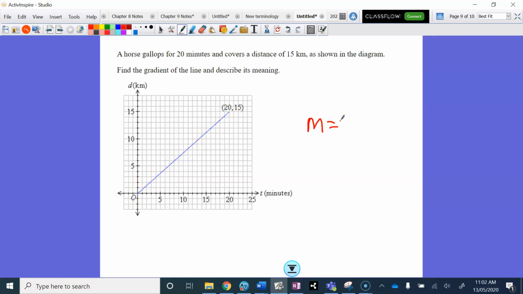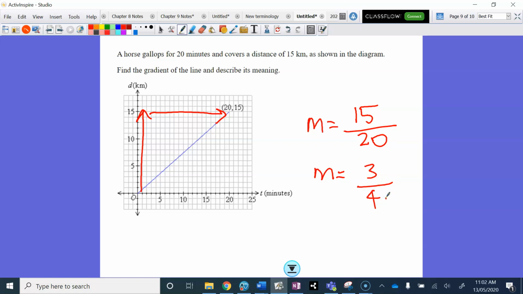If we're talking about rise and run, rise is 15, run is 20, and you could simplify that fraction. 5 goes into both of those numbers, 3 times and 4 times, so the gradient is 3/4.